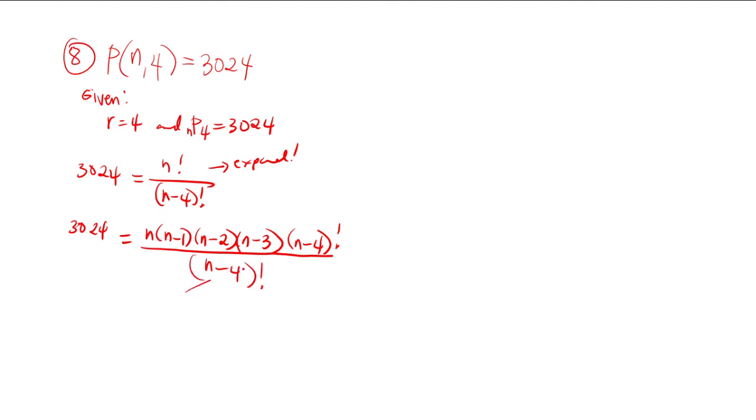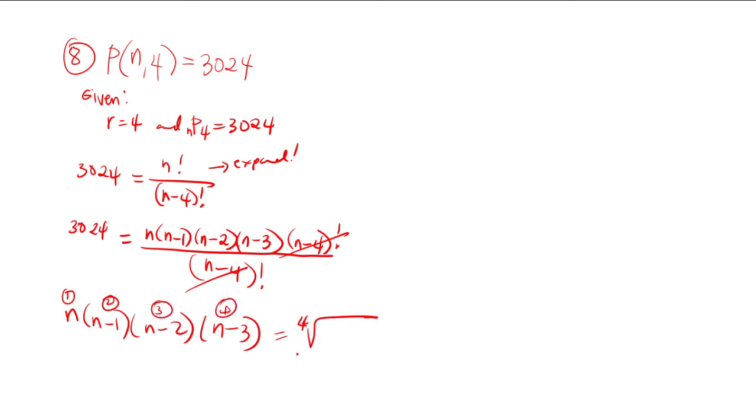Okay? Next, cancel, cancel. So, meron pang n times n minus 1 times n minus 2 times n minus 3. So, ilan yon? 1, 2, 3, 4. So, therefore, you are looking for the fourth root. Fourth root ng 3024.